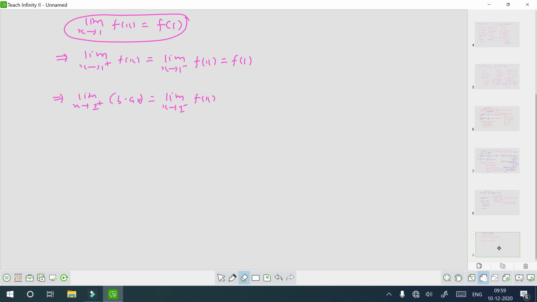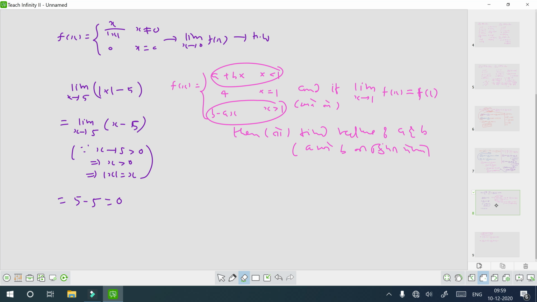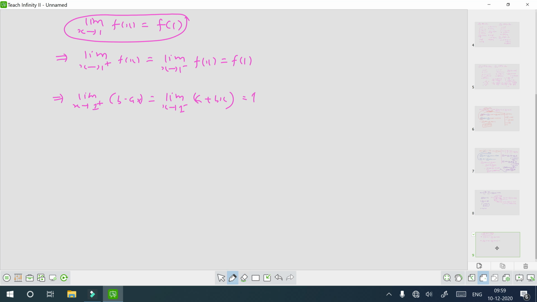So in place of f(x), a plus bx is equal to f of 1. f(x) is equal to 4 when x is equal to 1. So here it is given 4. Now this implies b minus a is equal to a plus b is equal to 4.